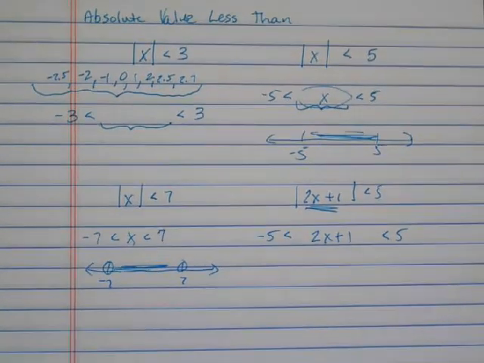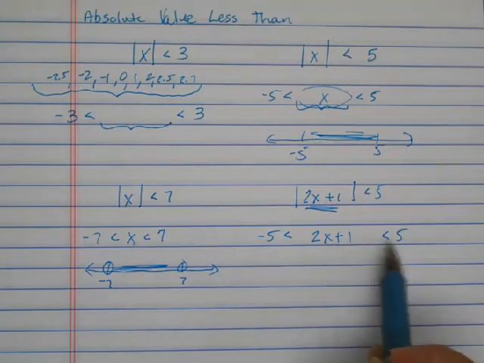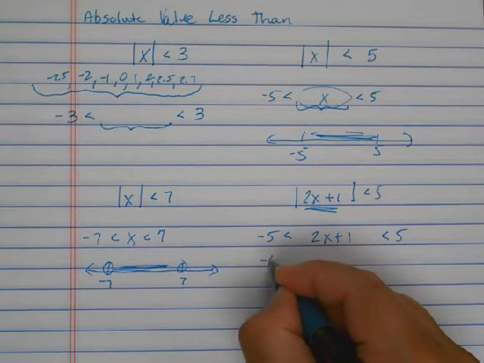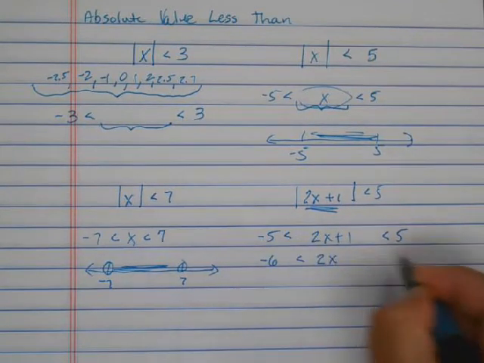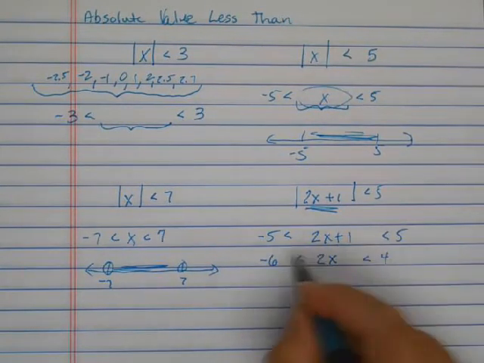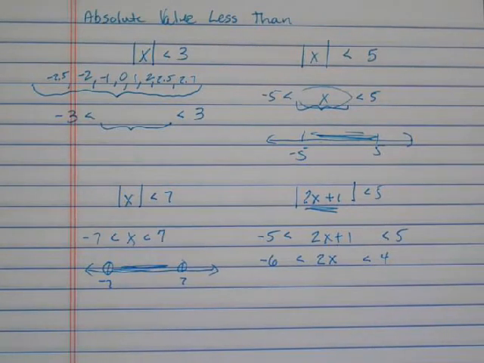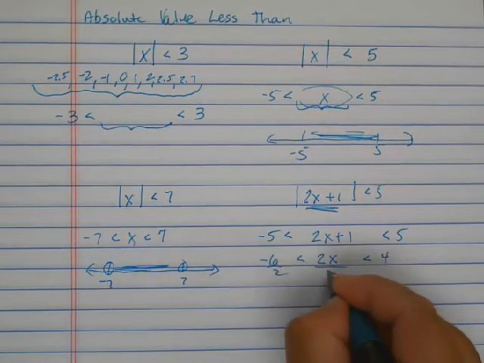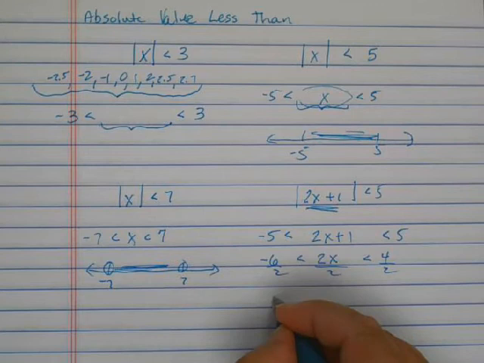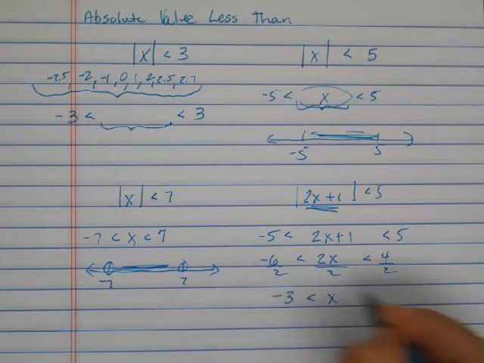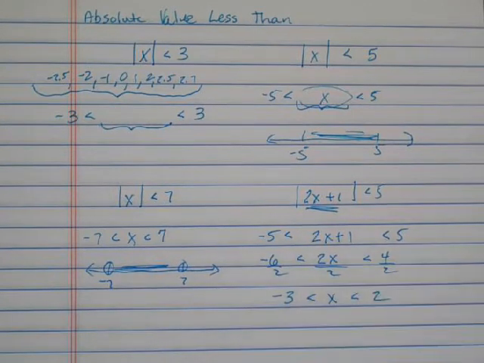So I've got to go ahead and solve. I'm going to take 1 away from each part. So I'll get -6 is less than 2x is less than 4 because I subtracted 1 from each part. And then go through and divide everything by 2. So -3 is less than x is less than 2.